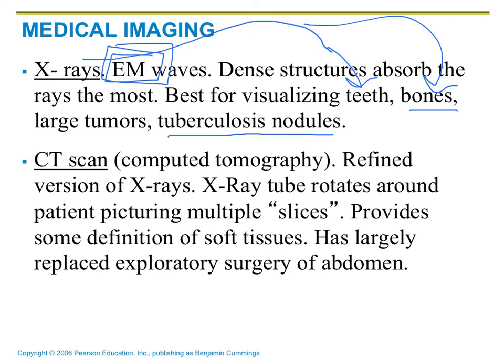A CAT scan really is a version of an X-ray. These are donut-shaped machines, which you find in hospitals, not in a doctor's office usually. And this donut or tube sits around you. They slide your body through it, and as you slide through it, it can take a picture or X-ray of your body in multiple slices from multiple angles.